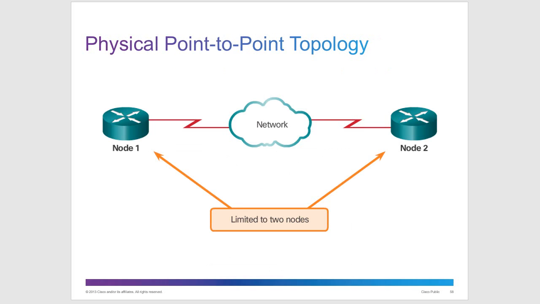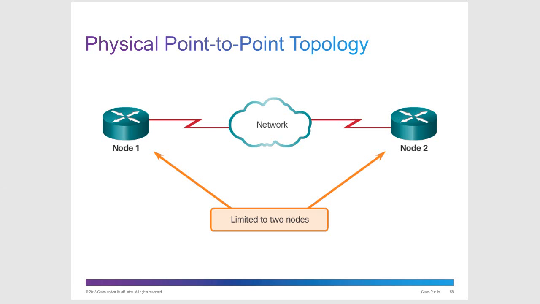So point-to-point topology. Point-to-point is very simple. It's just two nodes connected directly. For all intents and purposes, it could be a direct connection that's virtual or a physically direct connection. Because they are directly connected, the media access control protocol can be very simple.